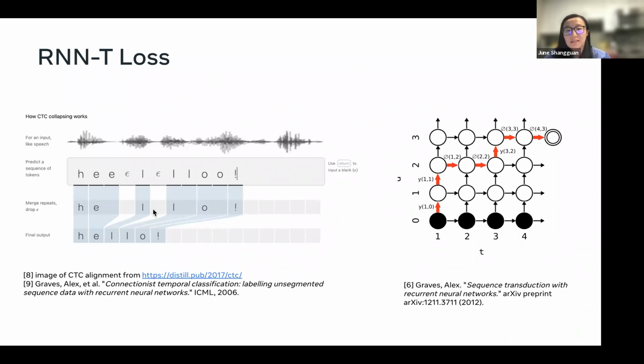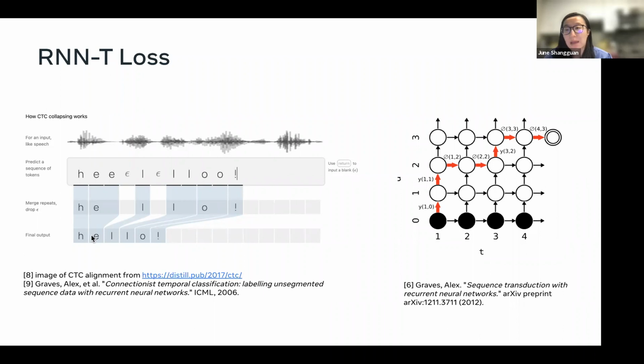The whole concept is actually quite simple. Basically, when you look at the per-frame label of your targets, let's say phonemes in the past, you can have hello as H, E, epsilon is blank, and then L, blank, whatever. So here, we can find out that we can collapse the repeated tokens together, and then we can ignore the blank.